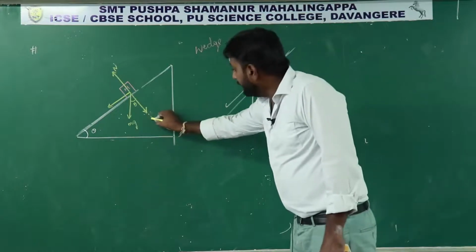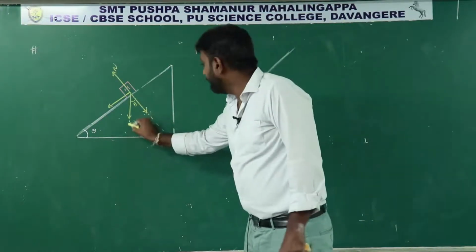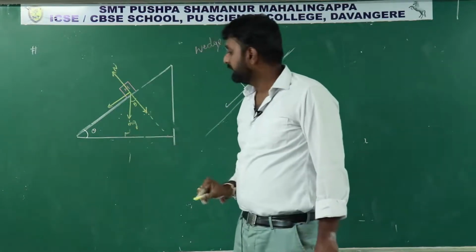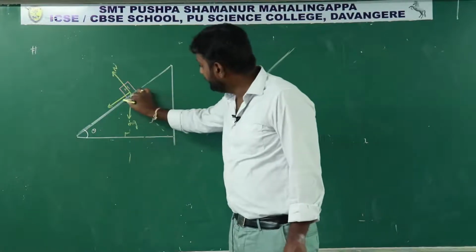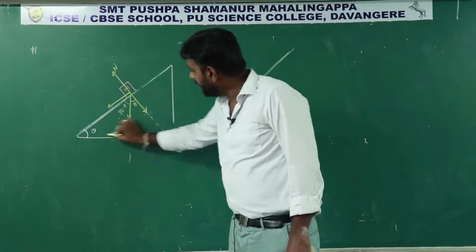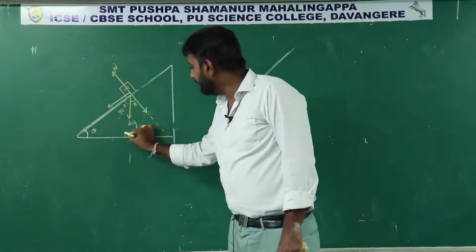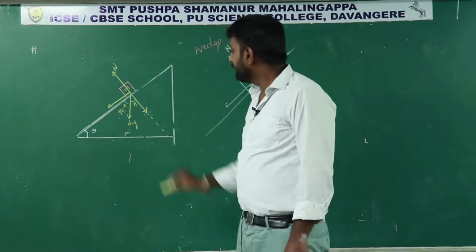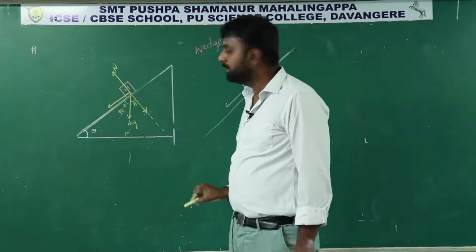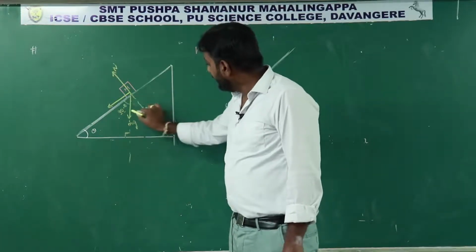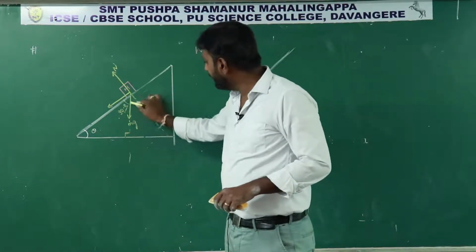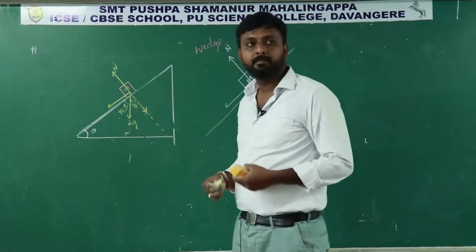If you extend this line and this line, this angle becomes 90 degrees, right? Then in this triangle, this is theta, this is 90 degrees, and this is 90 minus theta. So this line and this plane are again perpendicular. This angle is 90 minus theta and the total angle is 90 degrees, so definitely this angle also comes to be theta.